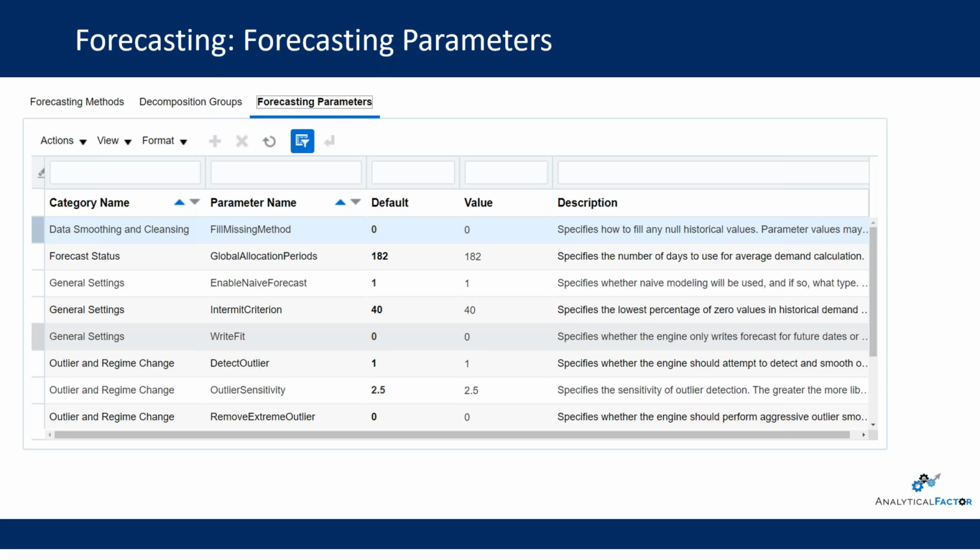Behind the scenes, if you want access to more parameters, you can get another 25 or so, bringing your total to roughly 40 parameters. These have been deemed effective, useful, and relevant for the cloud. So instead of seeing 170 parameters, we now see a much more focused list. The names have been revised and descriptions improved, so it's easier to figure out what these do when you're trying to improve the forecast.